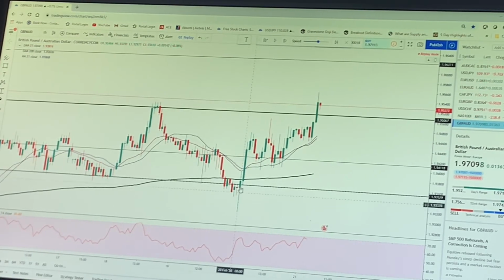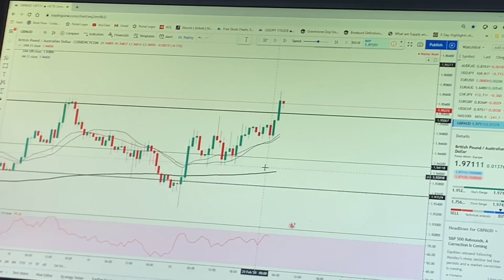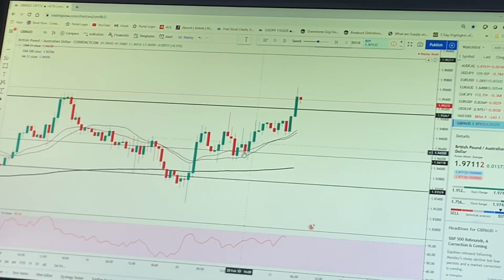All right, so it busts through this level. We got a retest right here, guys. I personally would have gotten in right here because it's like a pin bar right here. I would have gotten in right after this candle, and taken it up.